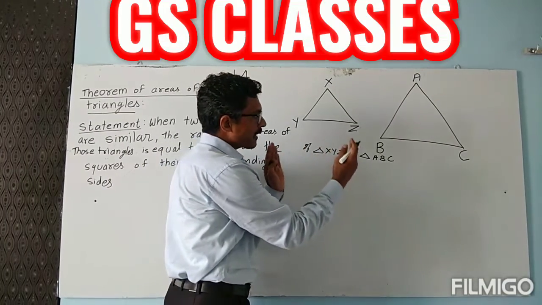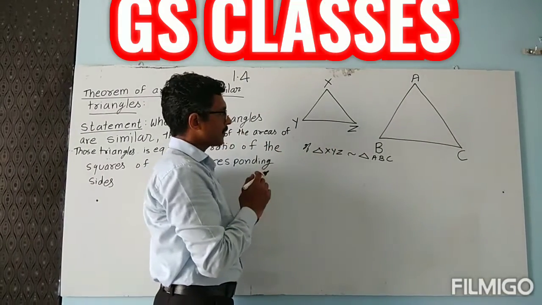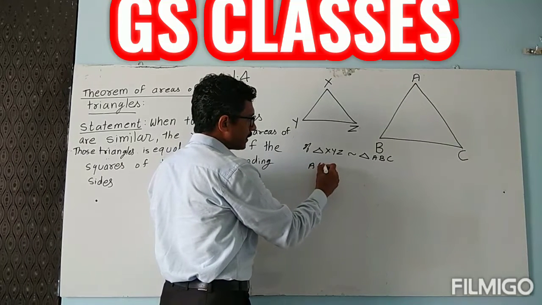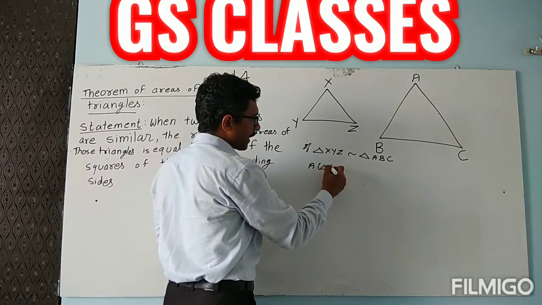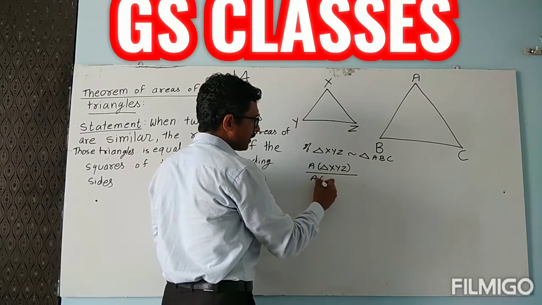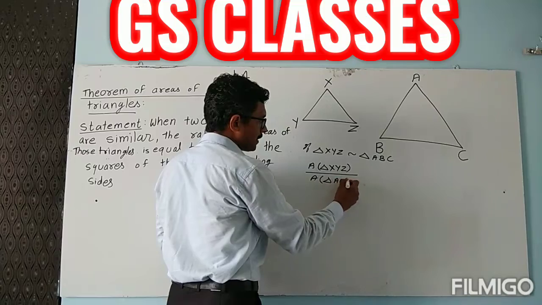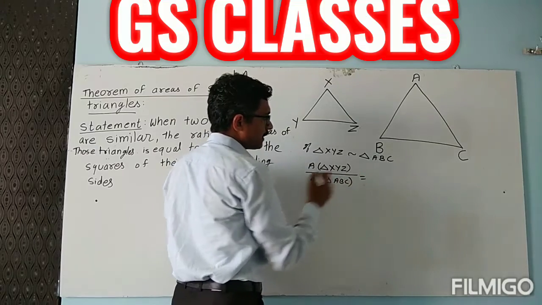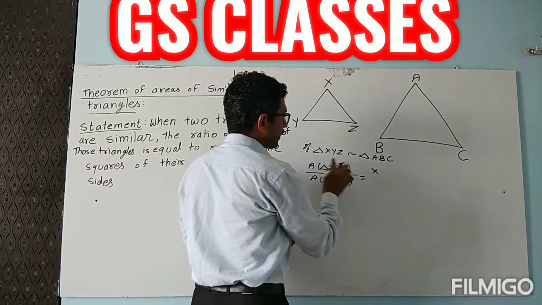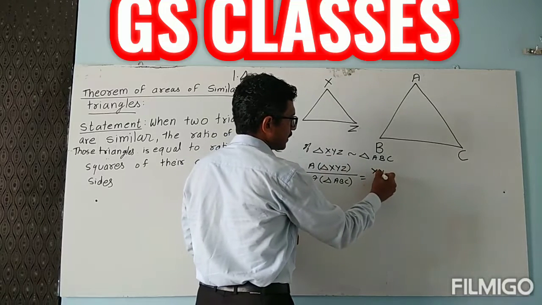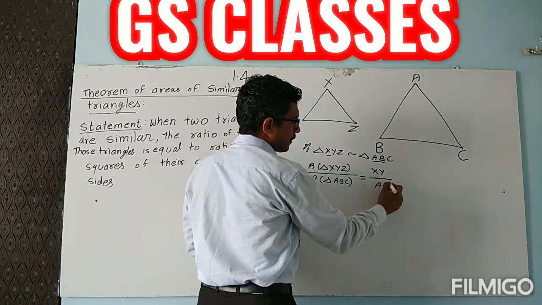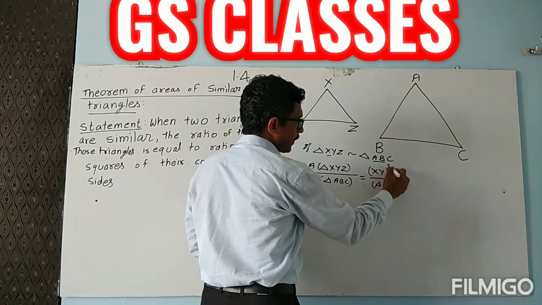If these two triangles are similar, then according to this theorem, the ratio of the area of triangle XYZ to the area of triangle ABC is equal to XY upon AB, the whole squared.